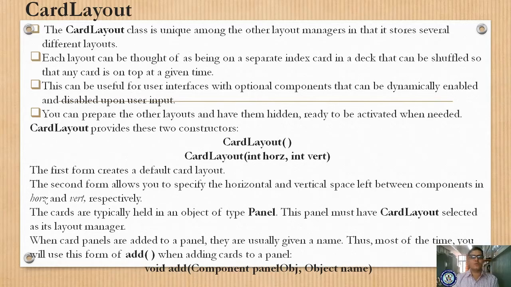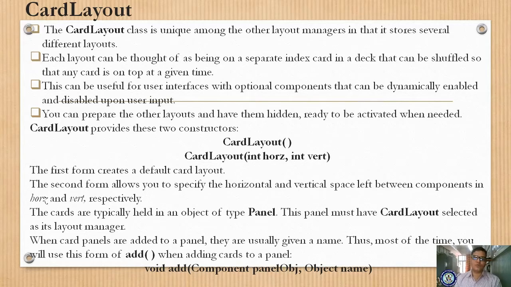So whatever different layouts you have used, each can have one specified index, just like a deck can be shuffled so that any card is on top at a given time. Just take it as your spare cards, split cards, right?